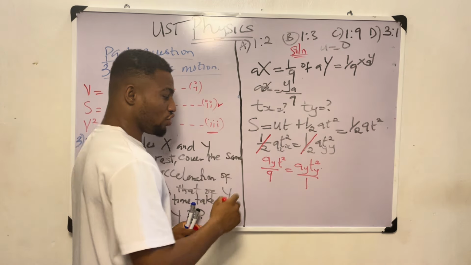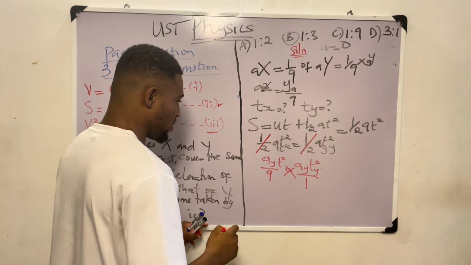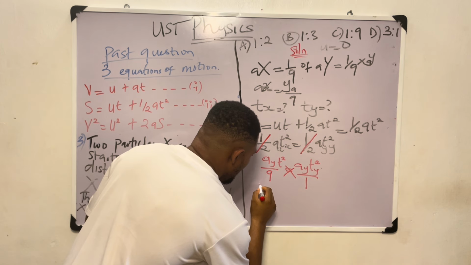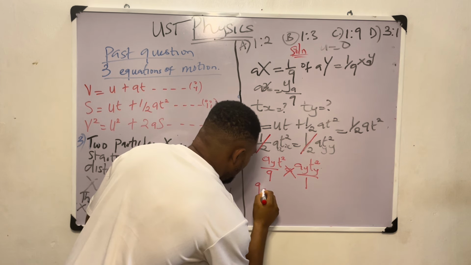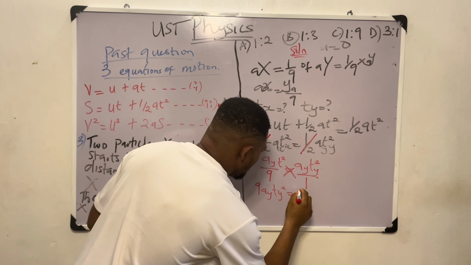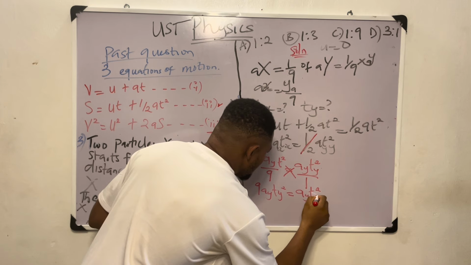What do we do? We cross multiply. So we now have 9 AY Ty square equals AY Tx square.